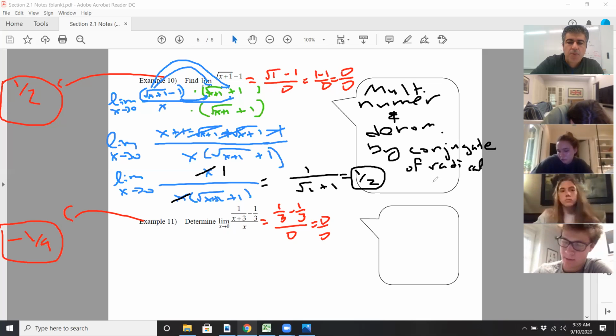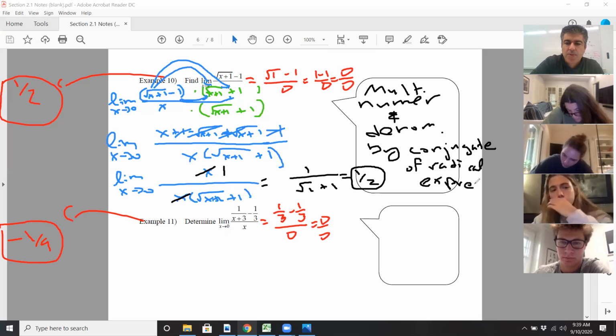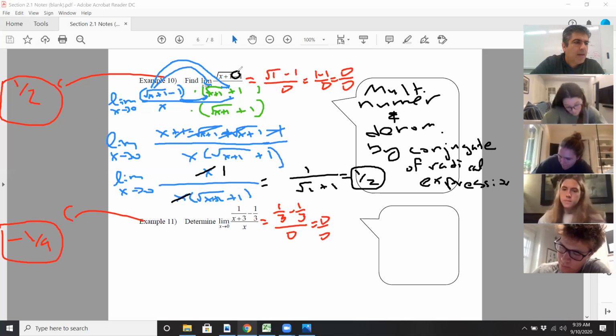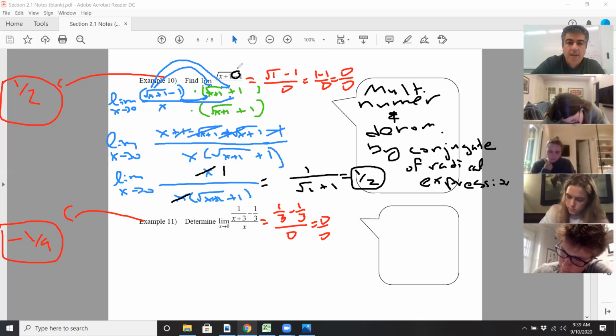The conjugate is when you switch the sign of the radical, or you switch the sign of something. Actually, I switched the sign from negative 1 to positive 1 over here. So that's a process, and you'll have a chance to practice this later today. I'm going to put you guys in a breakout room just a little bit so you can practice this skill.